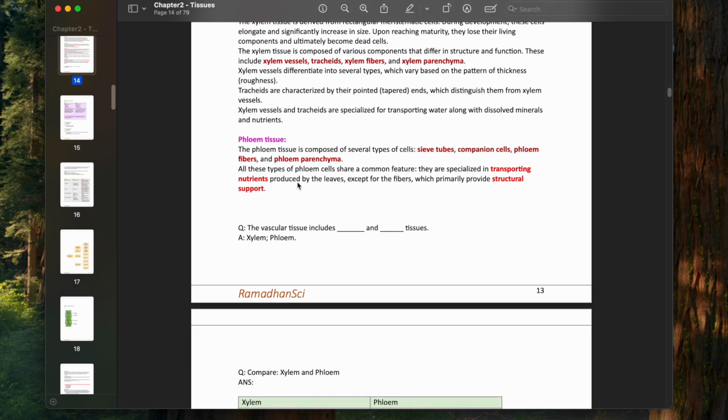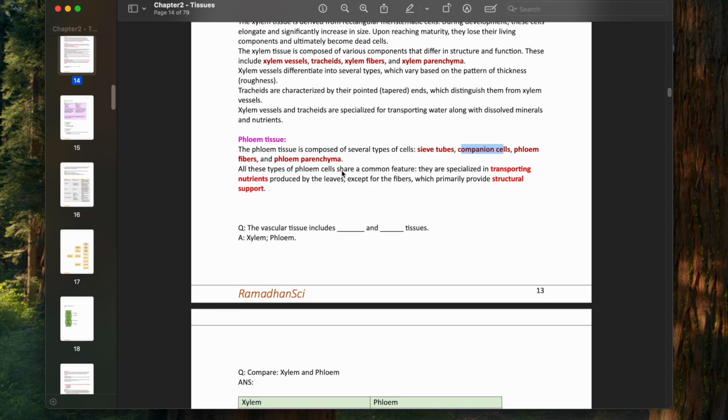Now the phloem tissue is composed of several types of cells. Again, the types of cells and the components are extremely important. So here we're going to have sieve tubes, companion cells, phloem fibers, and phloem parenchyma.